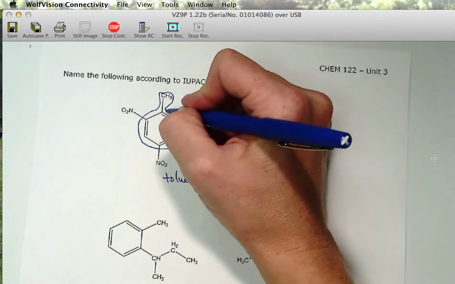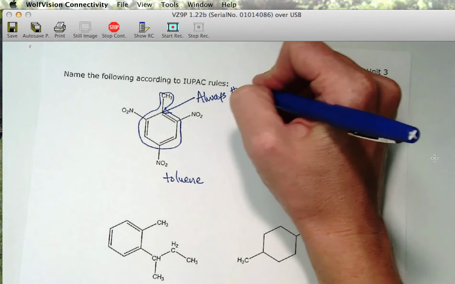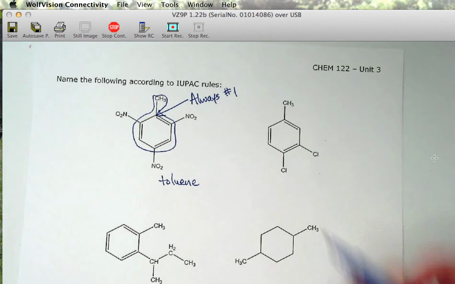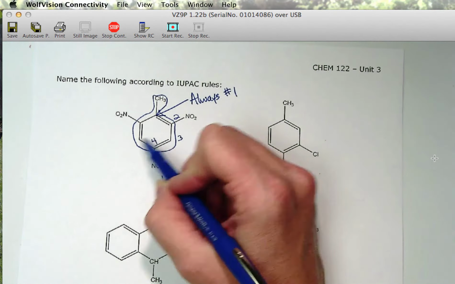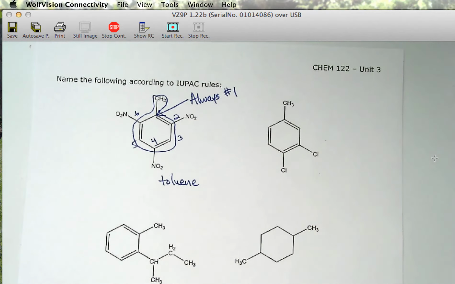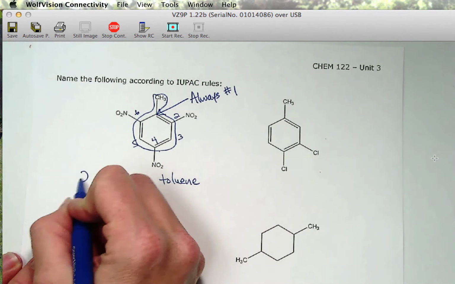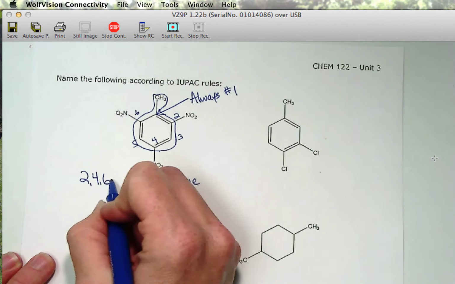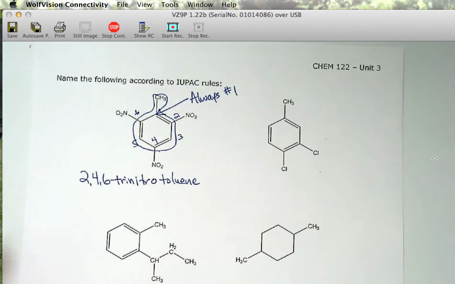That carbon is always number 1. So this is 2, 3, 4, 5, 6. What is NO2? What group is that? Nitro. So 2, 4, 6. Trinitrotoluene. And I know I've given this example before. This is TNT.